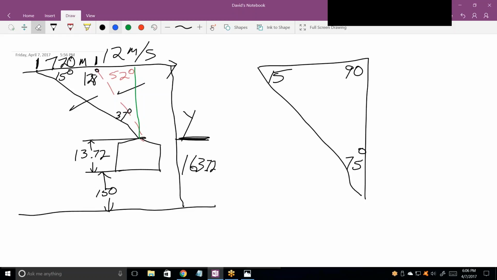Okay, so let me draw the green triangle in here. And that's 52, which makes that 38. 38, yeah. Now, we know that that's 720 between there and there.